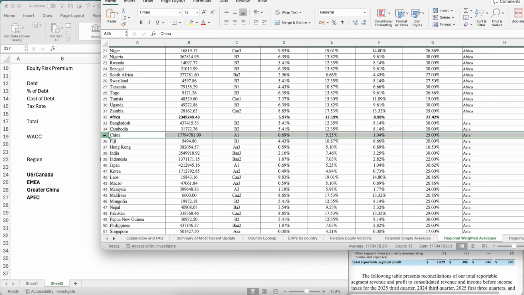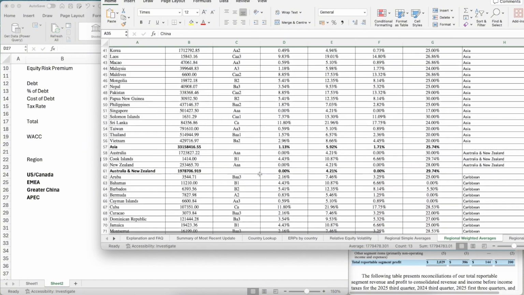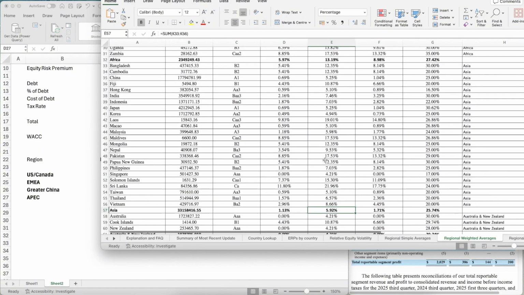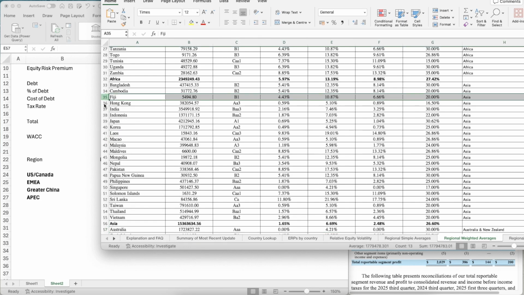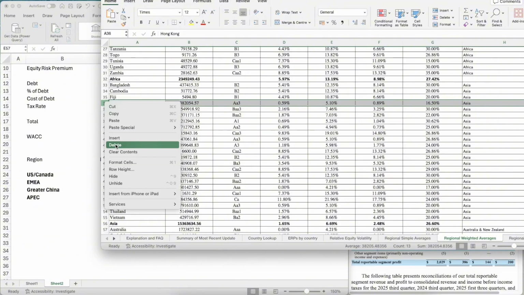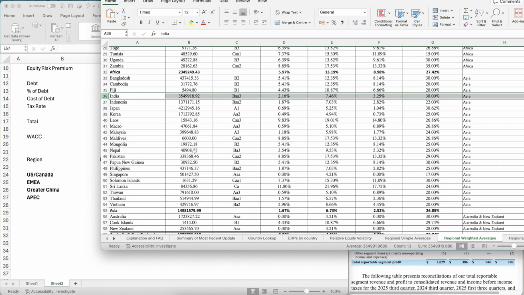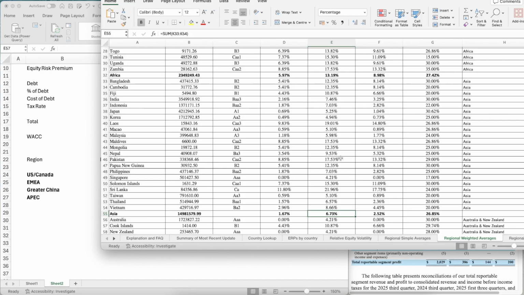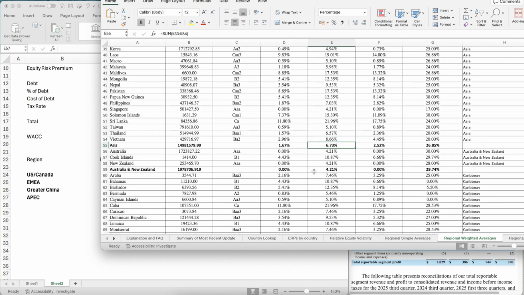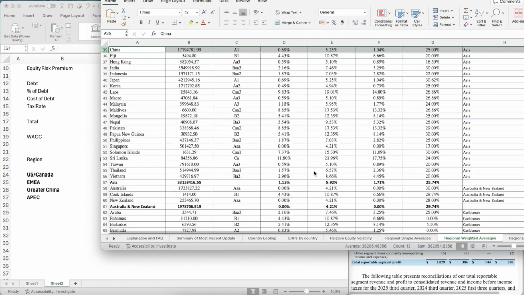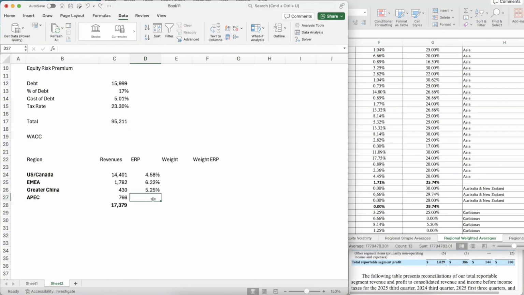So if we take, let me delete the China line out and see what it comes up with. I'll take out Hong Kong. Yeah, we get 6.73%. Okay, that's perfect. That's what we want. 6.73%. Okay, so now we want to know what the weight of each region is.